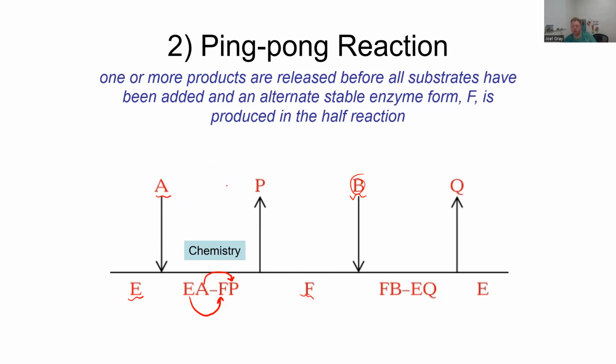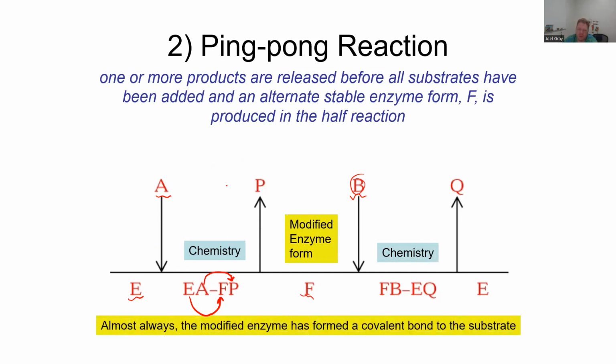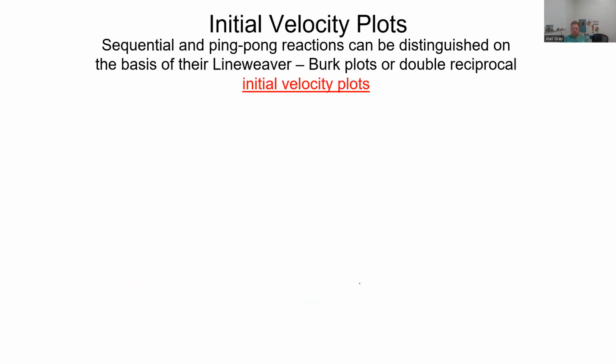Whenever we have that take place, we have FB, then EQ, where our product Q is generated, and our free enzyme E is ultimately released. So for these reactions, we have two instances where the so-called chemistry is taking place. Almost always the modified form of the protein, F, has a covalent bond formed to the substrate.